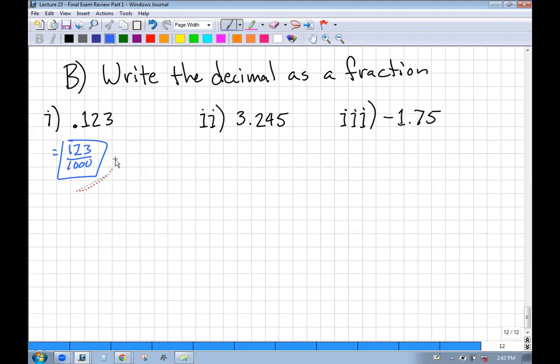Right, if we're gonna show any work, it would be the effort in trying to reduce this. 123, it's not divisible by 2, but it is divisible by 3. Actually, let me do it this way. Here's what I would do. I would say, okay, 123 is 3 times 41.